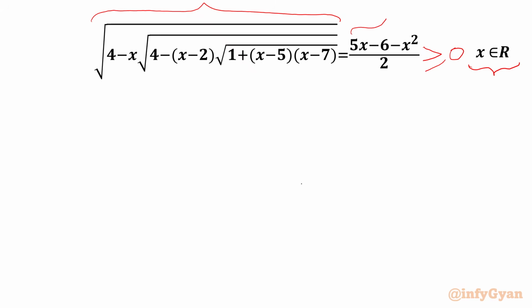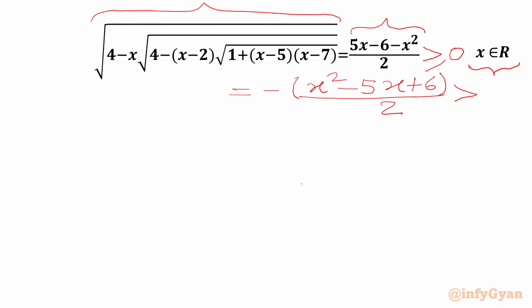Now we can take minus common from here and we can write minus, in bracket, (x square minus 5x plus 6) over 2, should be greater than or equal to 0. That means x square minus 5x plus 6 should be less than or equal to 0, because we have a minus sign over here.